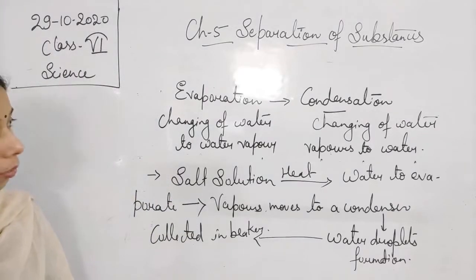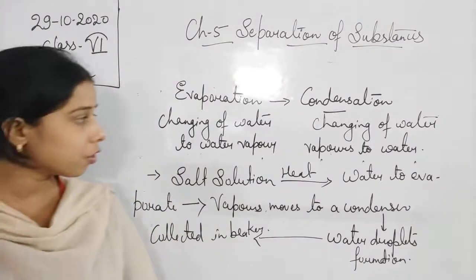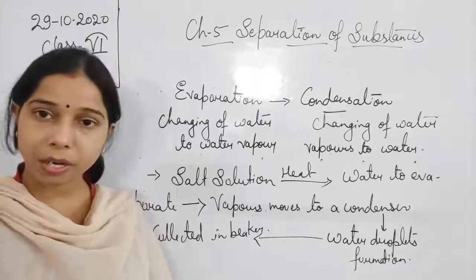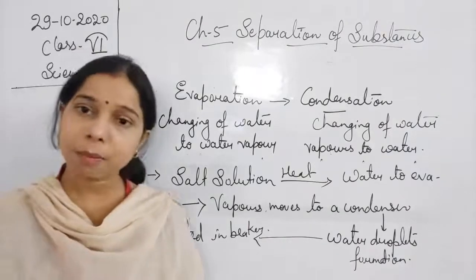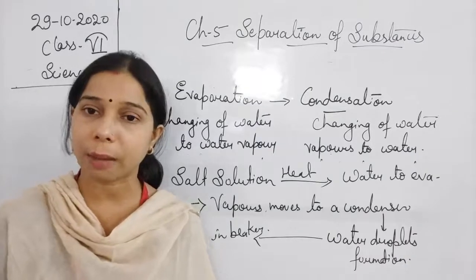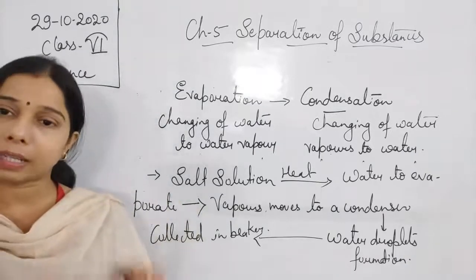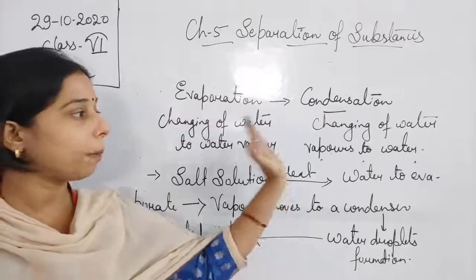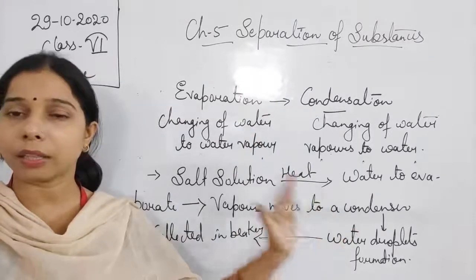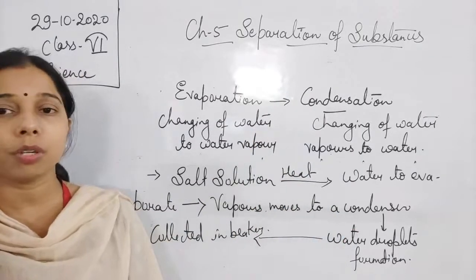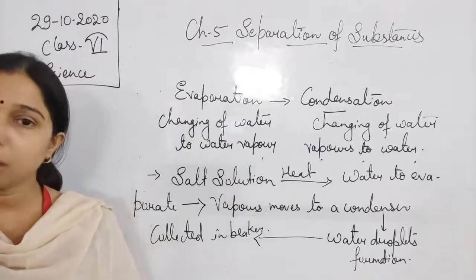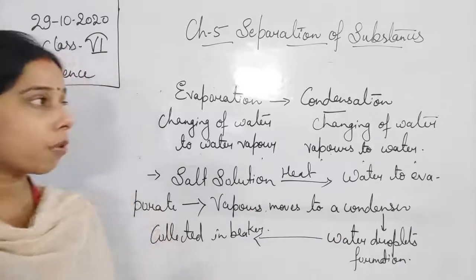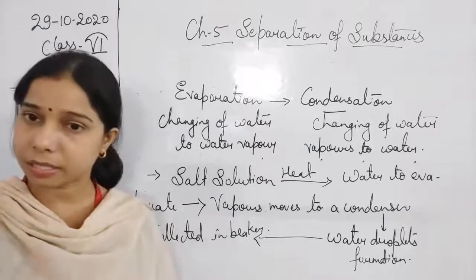At first, evaporation occurs, in which water changes to water vapor, and when this water vapor moves to the condenser pipe where the cold water is coming, it helps in decreasing the temperature. So condensation occurs and the water gets converted into water droplets, which can be collected into another beaker. Okay, so this was all about the process of distillation.